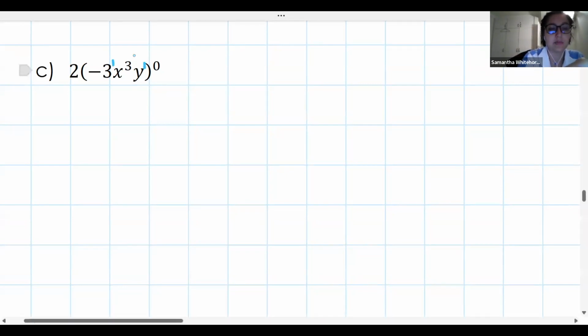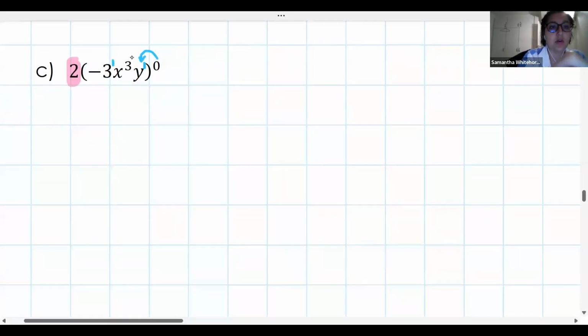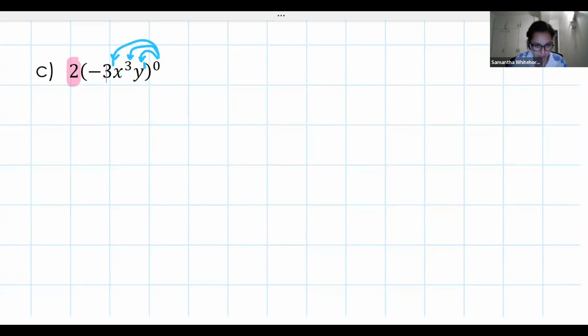This y has an exponent of 1. This 2 is not in my bracket, so we do not distribute to it. So this 0 is only going to distribute to the exponents inside my bracket. So I want you to give it a try. Answers in the chat, and we'll see how we go.